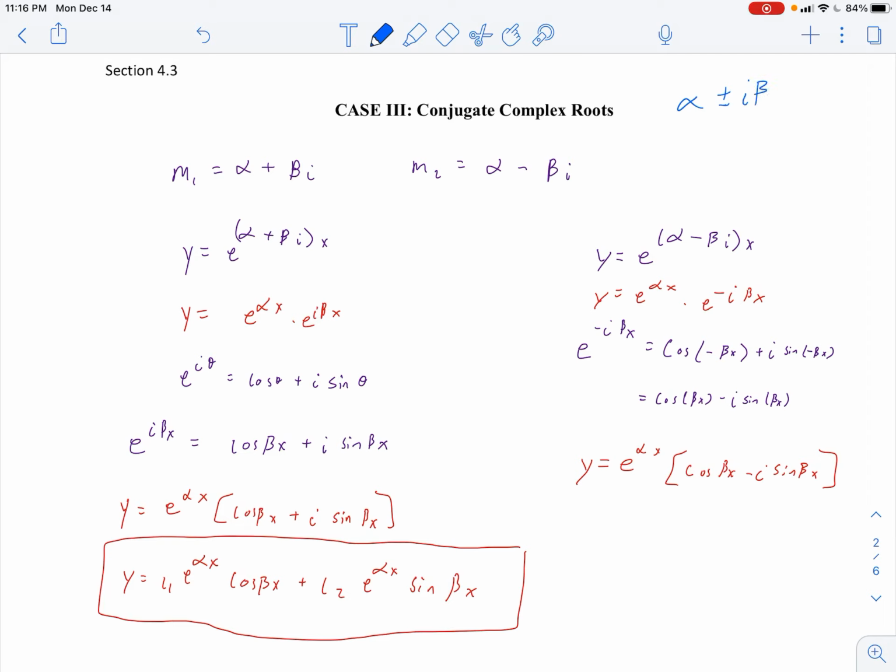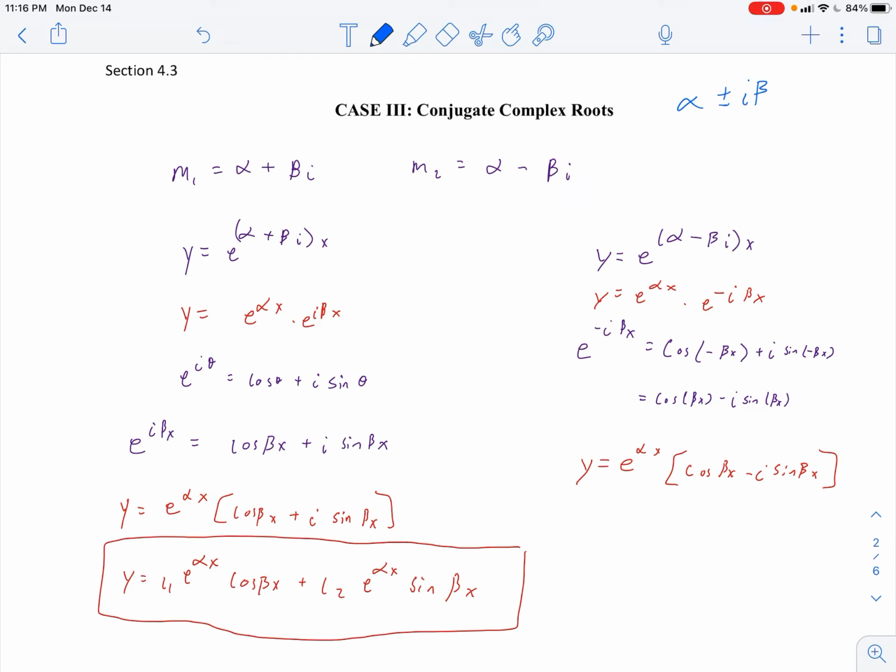Those are going to be our two conjugate complex roots, alpha plus i times beta, so m sub 1 equals alpha plus beta i, and m sub 2 is going to be alpha minus beta i.